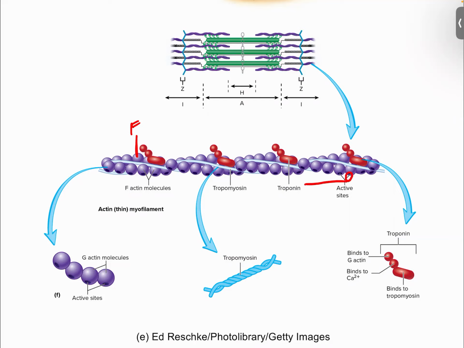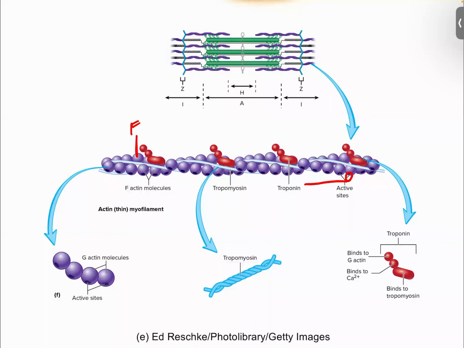However, the problem is these sites are covered up by tropomyosin, which is kind of like the big, long, ropey area. Right now, it looks like it's pulled off, but normally tropomyosin is like a long, twisted rope. It looks like a noose, actually, but that somebody just cut the loop on, right?